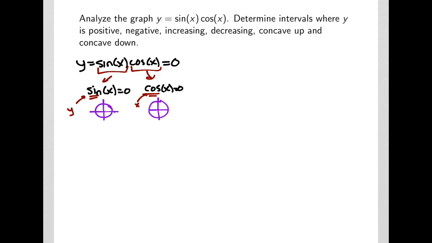So the y coordinate is 0 in two locations. And so those two locations are when my input x equals 0 or x equals pi. But it's also every 2 pi multiple, because if I go around the circle, I return back where I am. So not only is it when x equals 0, but it's every 2 pi.